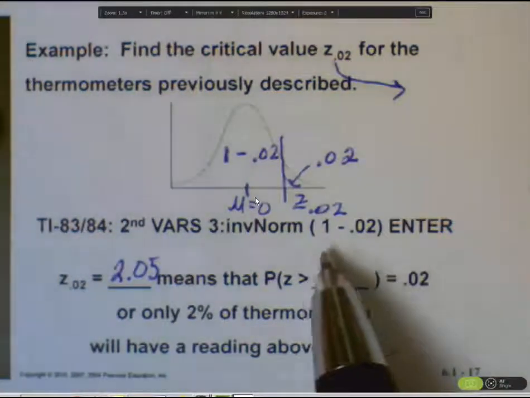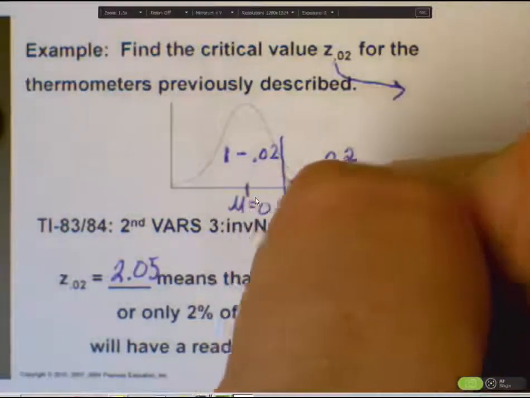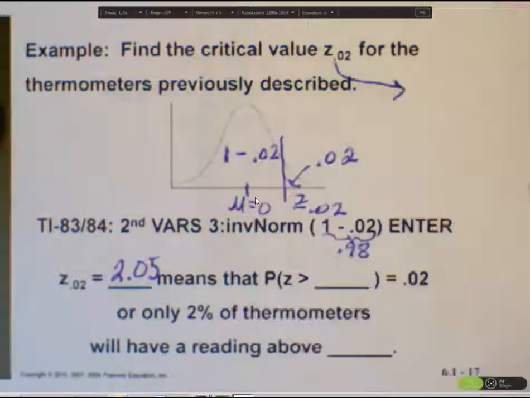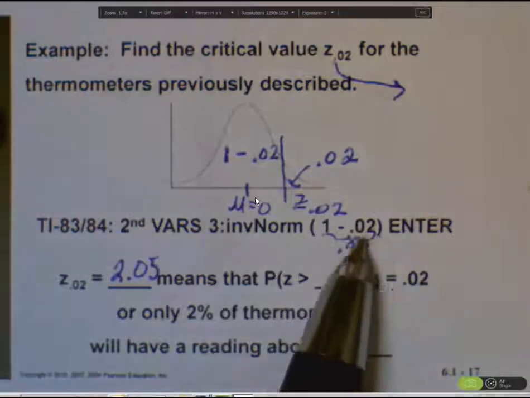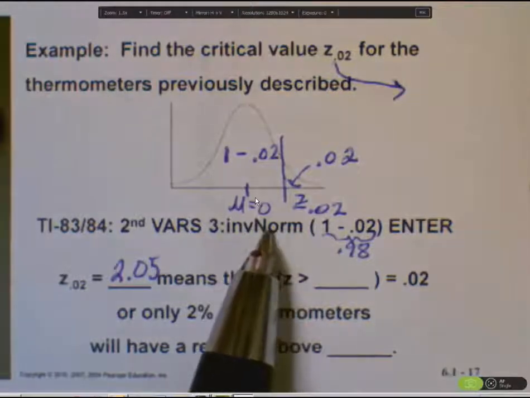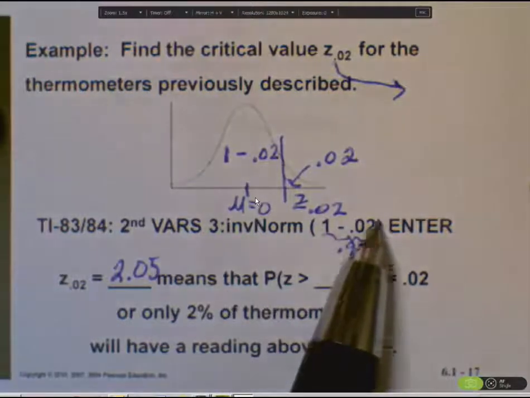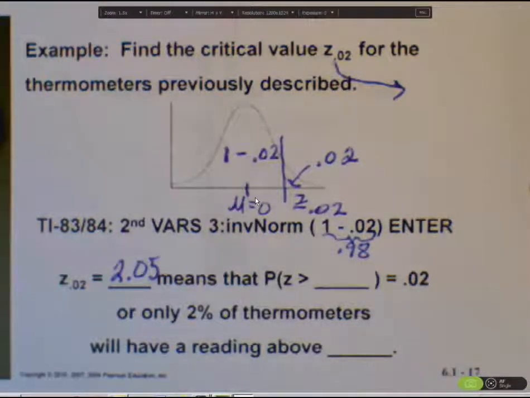Now, if I could go ahead and say a dollar minus 2 cents is 98 cents or 0.98, then I could just enter inverse norm 0.98 on the calculator. But if I had a number I couldn't subtract from 1 in my head, then I can still enter inverse norm 1 minus that number, and the calculator will do the subtraction before it applies the inverse norm.